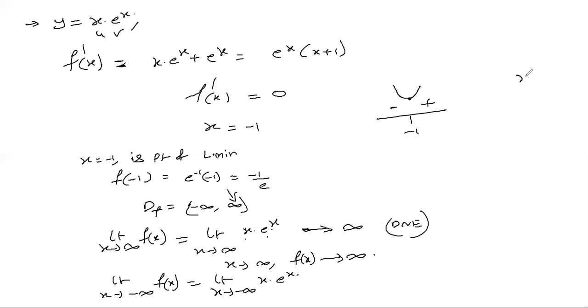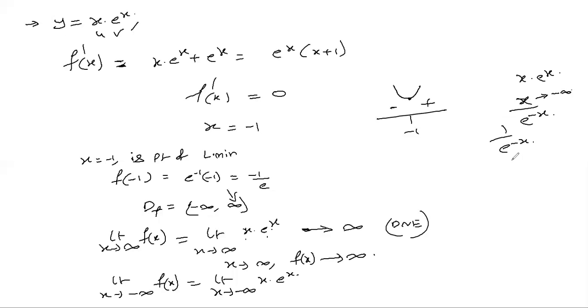So here x into e power x, with negative infinity we have to substitute. We can write this as x divided by e power negative x. You can identify that whenever x reaches negative infinity, this reaches negative infinity. Okay?